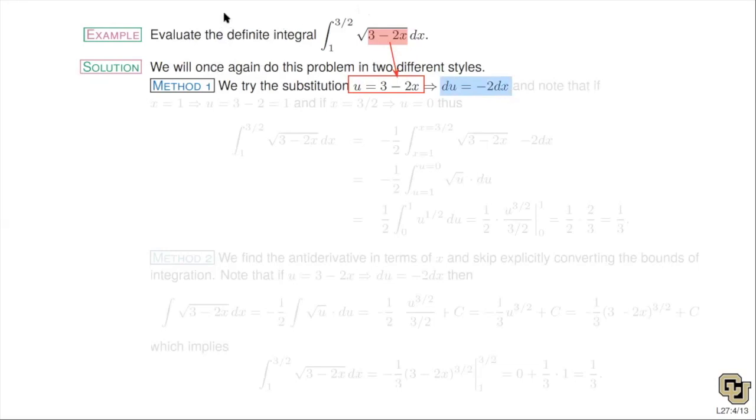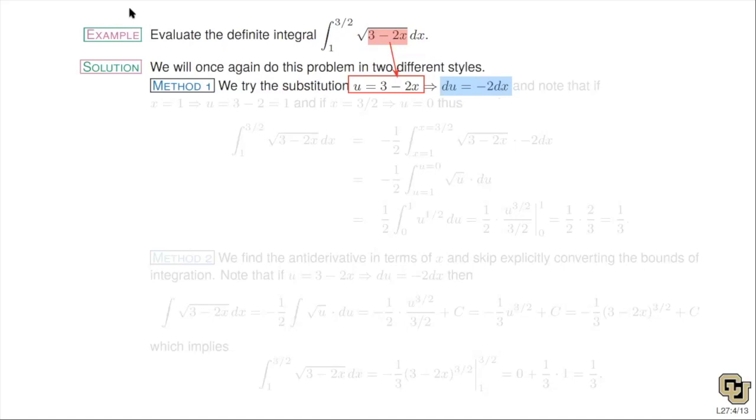If you look at the integral, there's no negative 2 on the outside hanging around that I can put next to the dx. So it's not really a problem. When du differs from dx by a constant, that's never a problem. I can always multiply inside the integrand by negative 2 and then divide by negative 2 and fix that part. And I'll show you that in one second here.